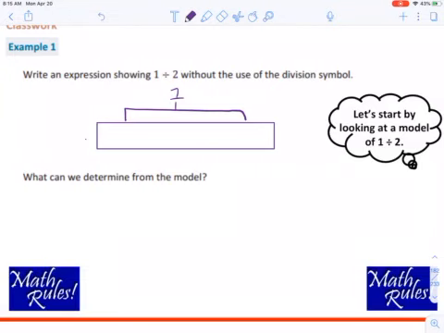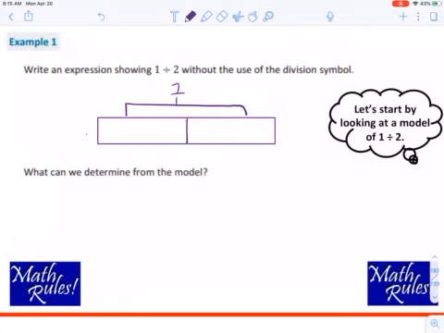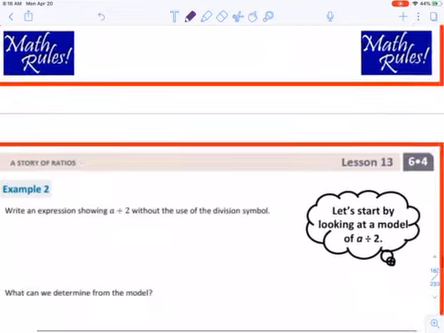I'm going to divide it into 2 parts. So this is showing us 1 divided by 2, which would give us 0.5. What can we determine from the model? That 1 divided by 2 is the same as 1/2. Okay, let's move on.